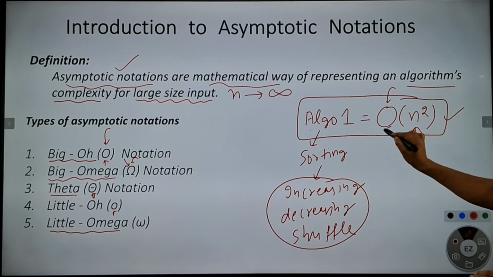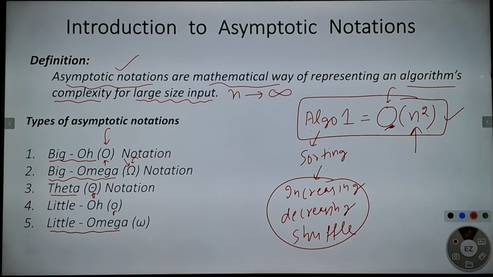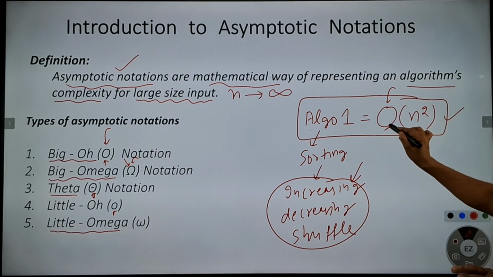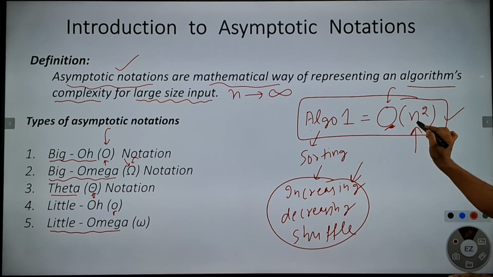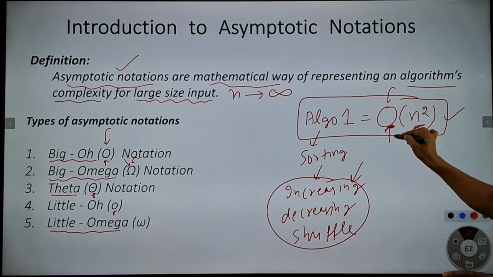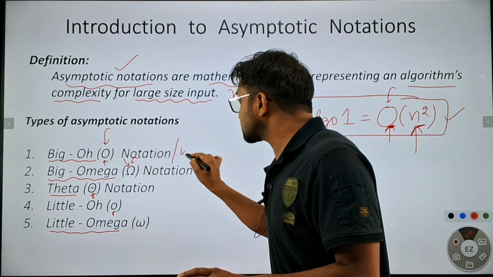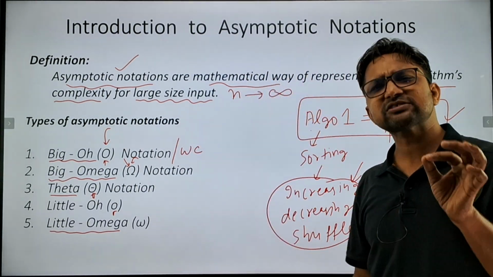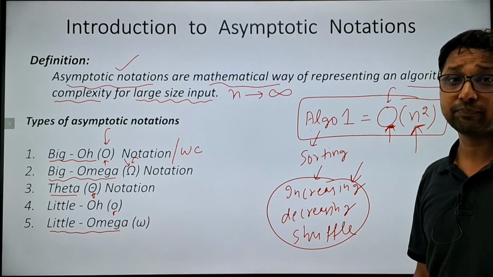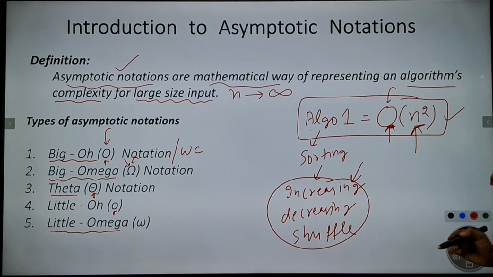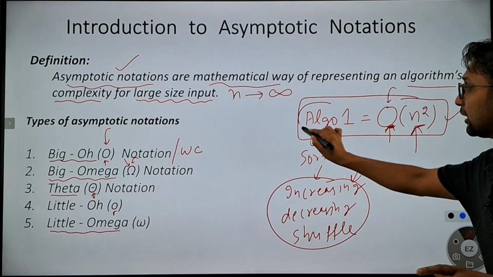So big O notation is telling us the maximum time taken by an algorithm. You give any type of input, the maximum time taken by this algorithm is n square. This is what big O notation is telling us. Or in simple language, big O notation is telling us about the worst case time complexity of an algorithm. Please note, this is not telling us how much minimum time algorithm 1 will take.